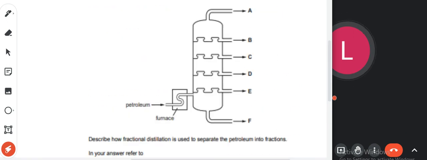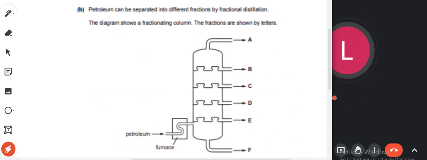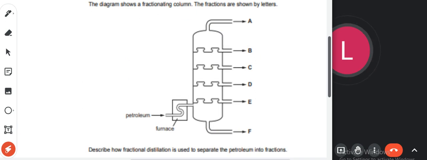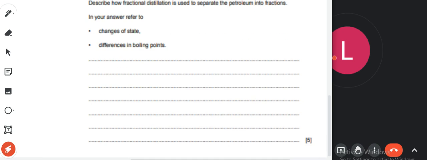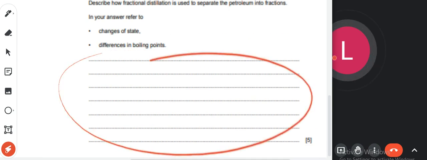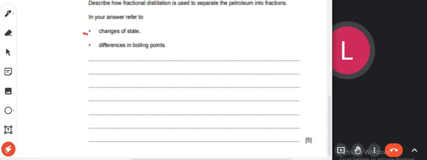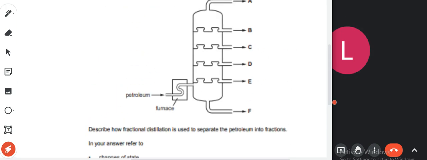We talked about how this occurs in fractional distillation of petroleum products in our previous lesson. So you go through it to understand this. This is a whole 5 marks question. So it's expected that you mention all the necessary points to get the whole 5 marks.